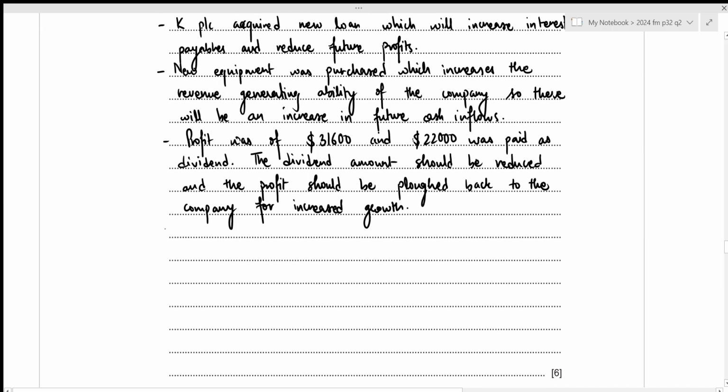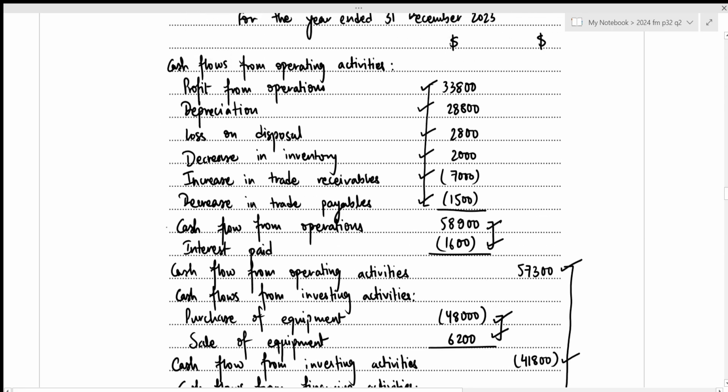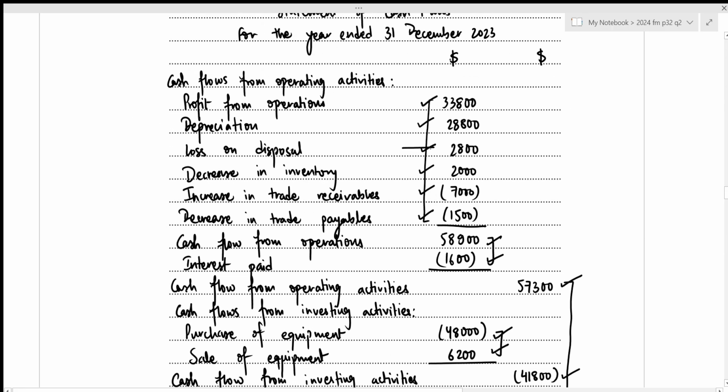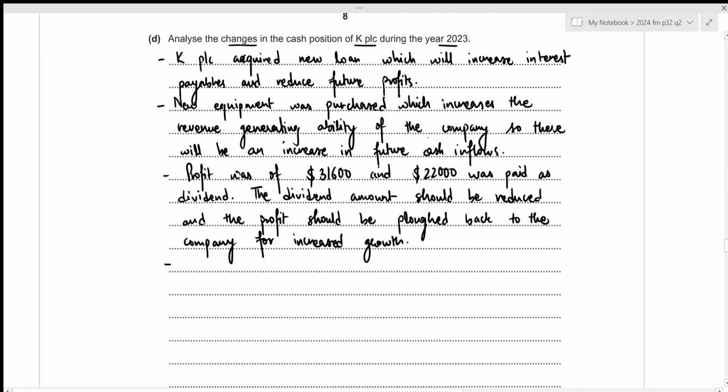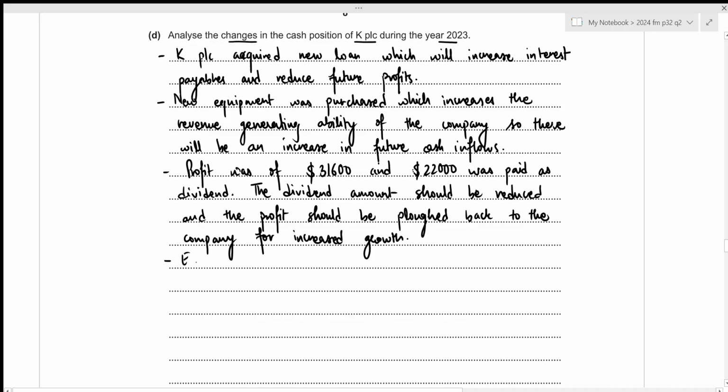Alright. Next, we also know that we sold the equipment, but there was the loss on disposal of 2,800. So in order to avoid this loss, the company could have kept using the equipment in order to generate additional revenue. Let's write it down. So equipment was sold at a loss of 2,800.